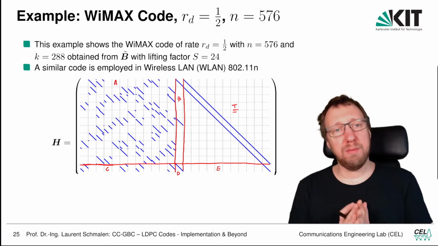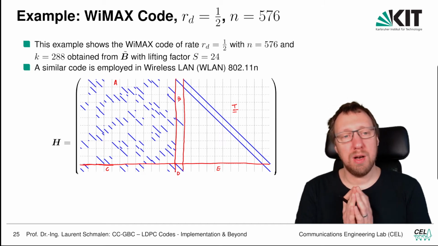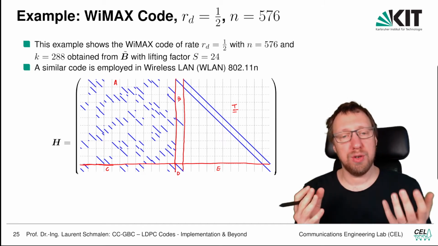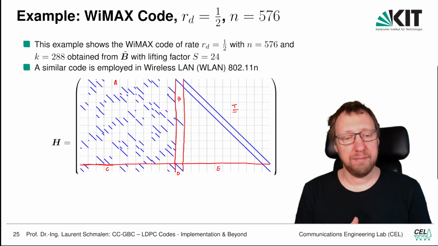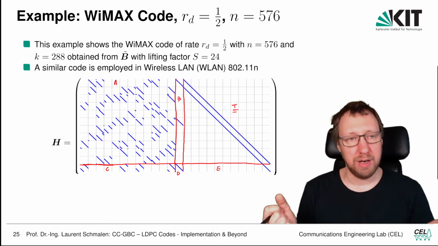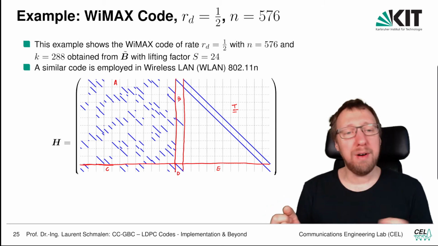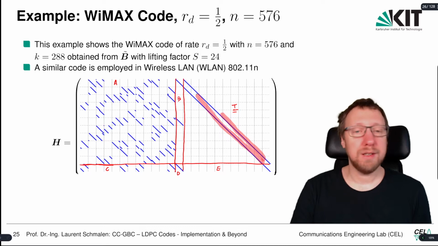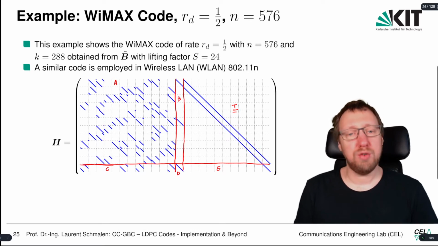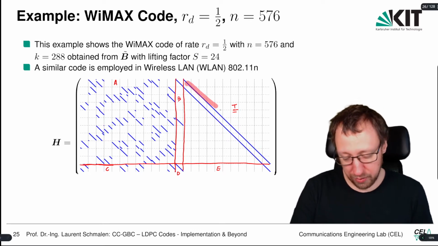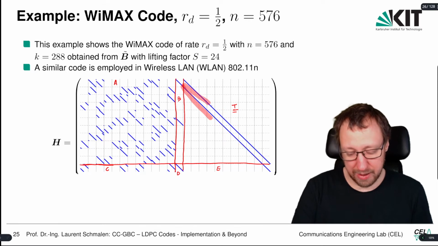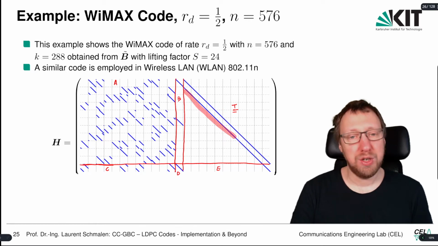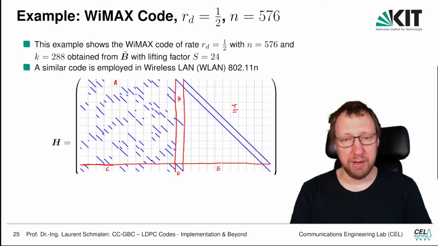What we learned about LDPC codes was that we should have a random construction. Now, however, having this very specific structure, that's not random at all. So we need to take into account when analyzing and constructing the code that there is this special structure that we can use for encoding.